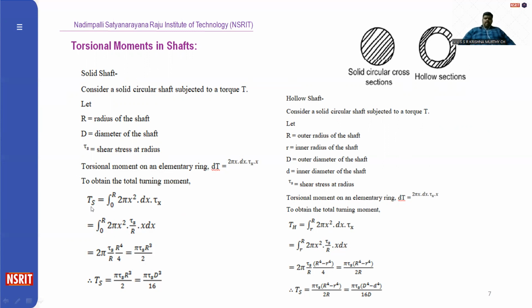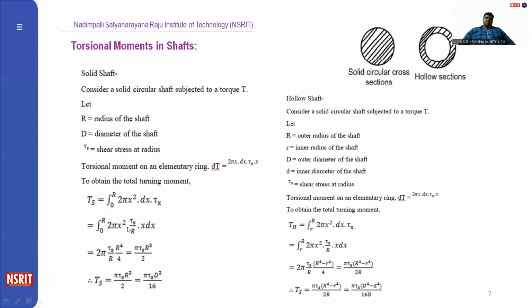On integrating the above equation, I got 2π x² τx dx, so π τs r³ by 2. So T is nothing but π τs r³. If I take it in terms of diameter, it is π τs d³ by 16.